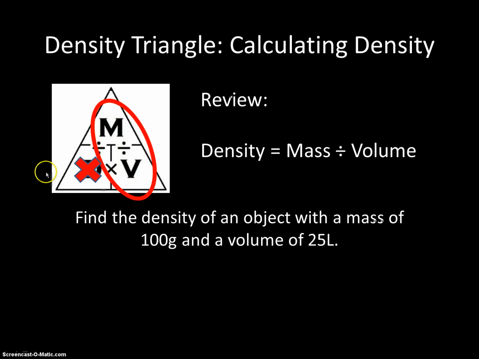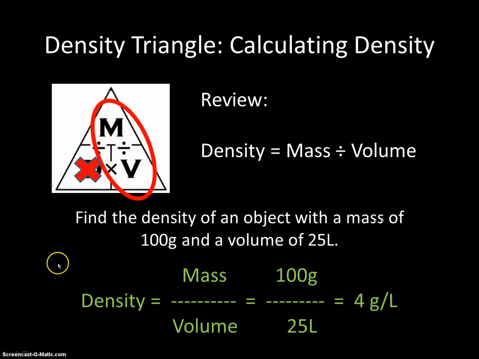So that leaves us with M over V, or mass divided by volume. And you can see here I put together the equation as density equals mass divided by volume. And let's look at how that works when I show my work and lay that out in a problem. So showing my work, I write density equals mass over volume, or mass divided by volume. And that is equal to, in this question, 100 grams over, or divided by, 25 liters.